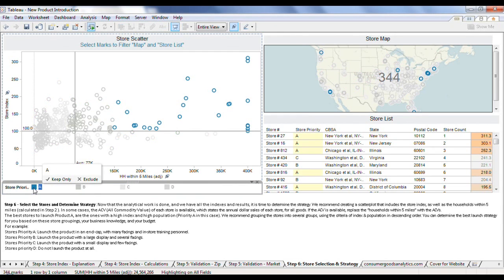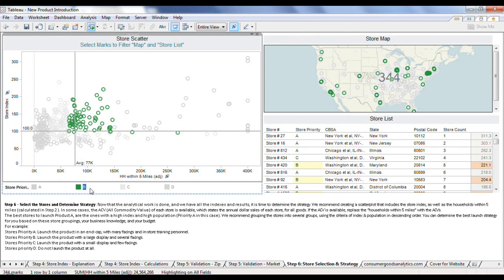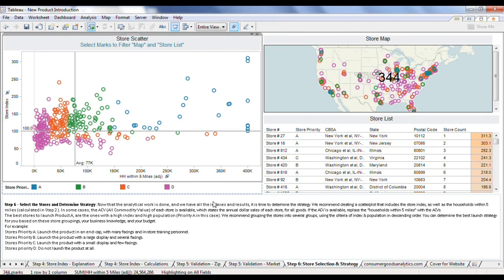So in this case, stores that are priority A, and then the B would be good as well, and so forth. So based on your budget, your objectives for the launch, and what you want to do, you can determine your strategy. Here in this case, we're recommending that stores that have high priority just launch the product with a lot of support and end caps and training.